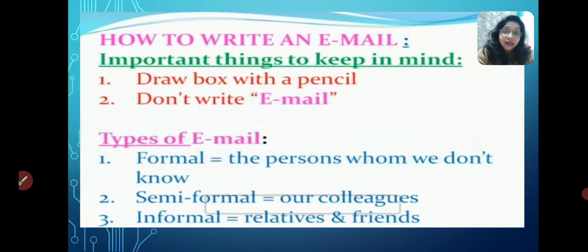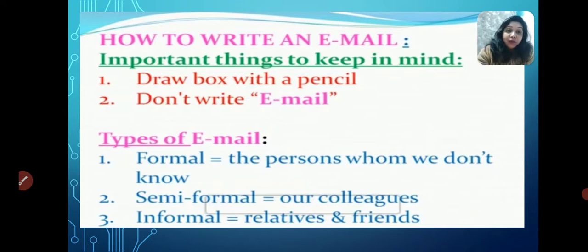Then next, let us see what are the different types of email. Emails are of formal, semi-formal and informal types. When you talk about formal emails, you are referring to a person whom we don't know. Formal means it is mostly a very official way of writing an email, written to people whom we don't know.